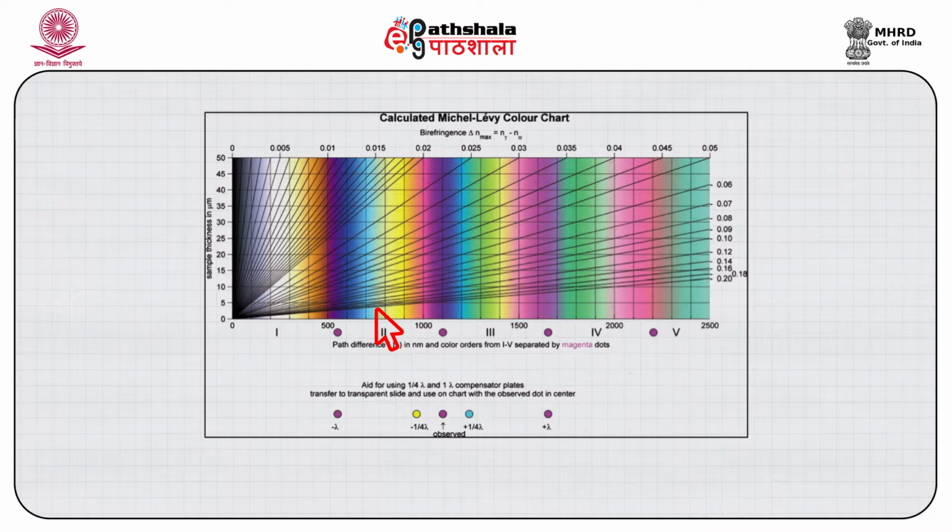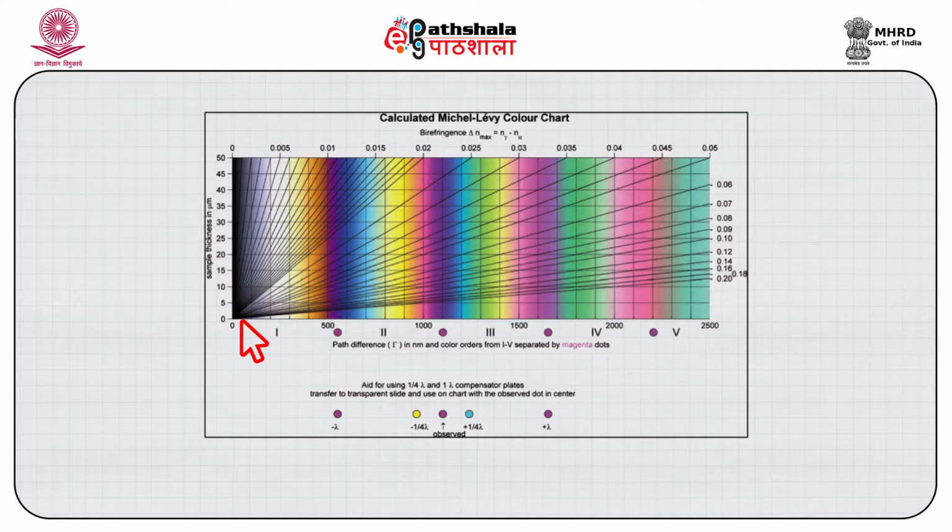At the thin edge of the wedge, the thickness and retardation are all 0. All of the wavelengths are cancelled at the upper polarizer, resulting in a black color, that is, they are in phase.